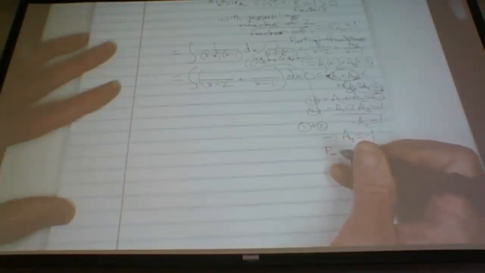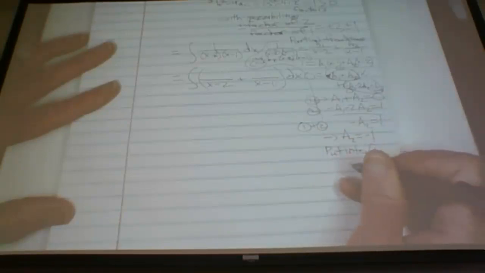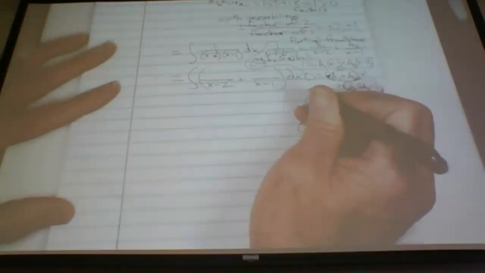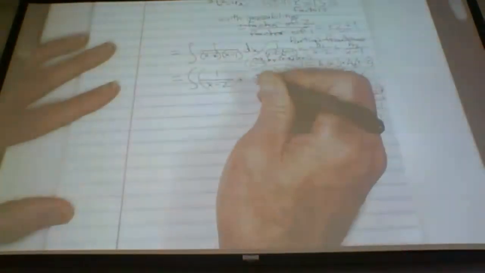Equation 1 says a1 plus a2 equals 0. So put into 1 and you find out that a1 is plus 1. Now I've got the partial fractions: a1 is 1, that goes over x minus 2, and a2 is minus 1, that goes over x minus 1, right?